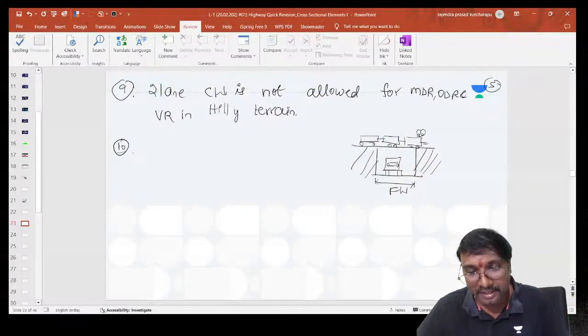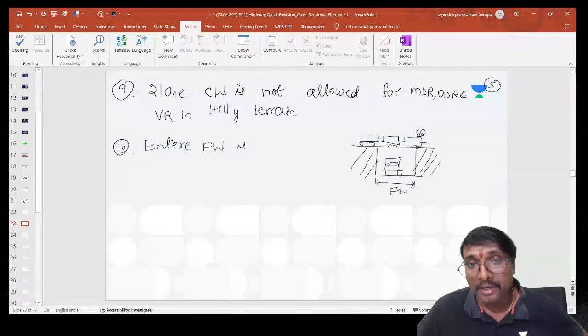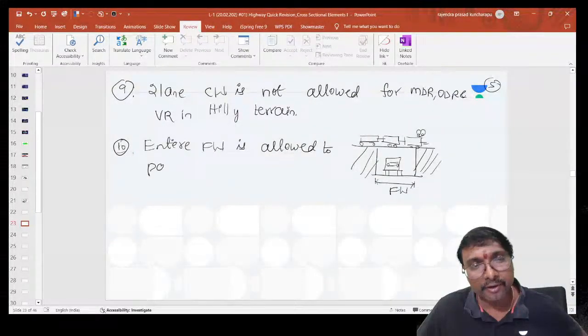There is no restriction, right? Height I'll tell you, don't worry. Entire formation width is allowed to pass.